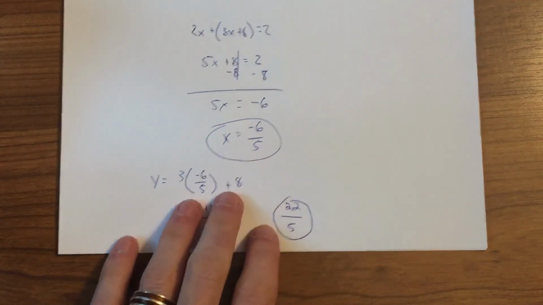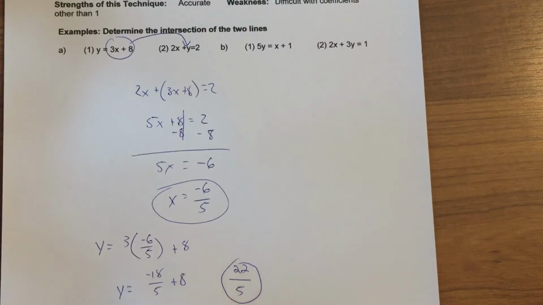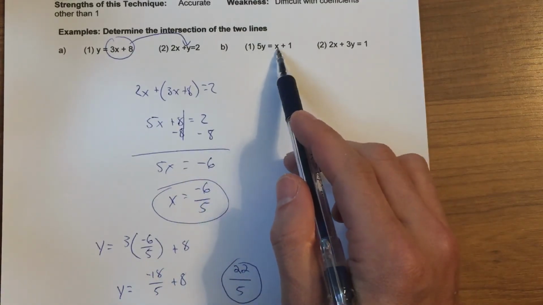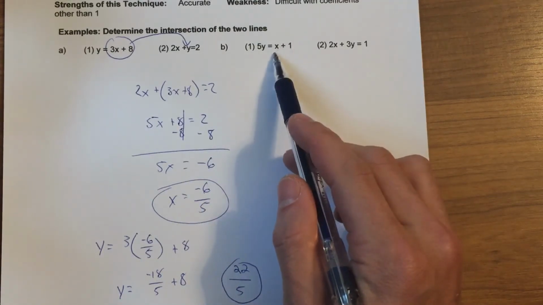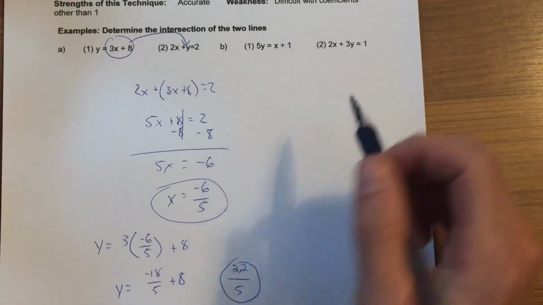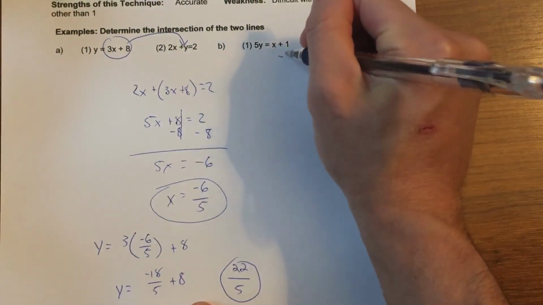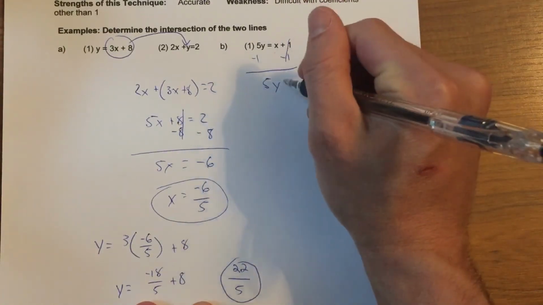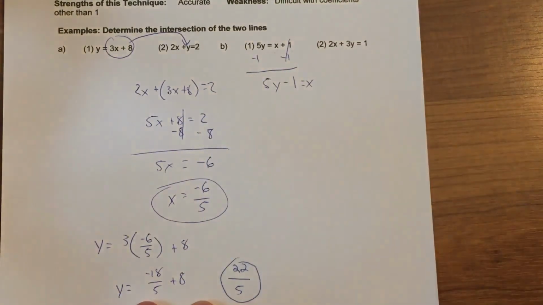Now, this other substitution problem we have over here might require us to solve for a variable first. The variable that is by itself is x. Well, it's not completely by itself, but it's the only variable that has a coefficient of 1. So I'm going to subtract 1 from each side. Noticing now, I have a solved equation for x.